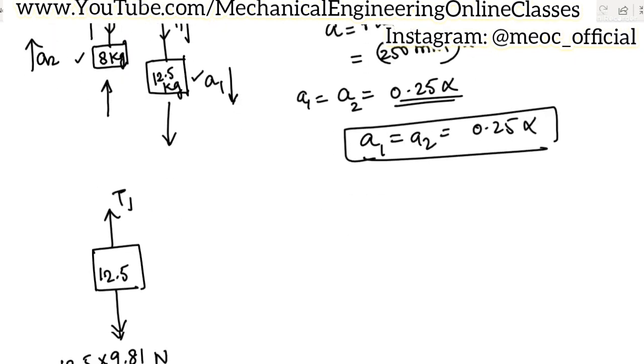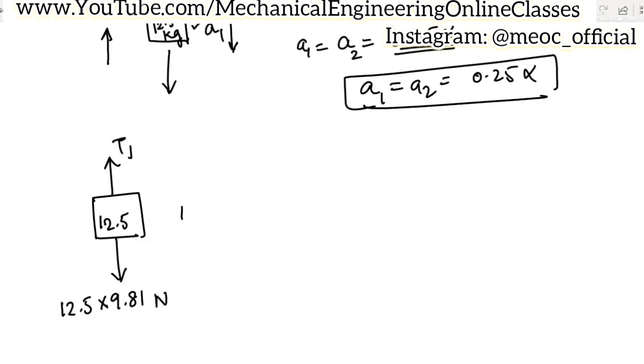Now from the system, I clearly understand that the 12.5 kilogram body is moving downward. So its motion and acceleration is downward, which is a1. Again I'm telling you clearly, here the sign convention is not based on upward positive or downward negative. The forces that are in the direction of acceleration are considered positive, whether it is up or down or left or right, or whether it is inclined to horizontal.